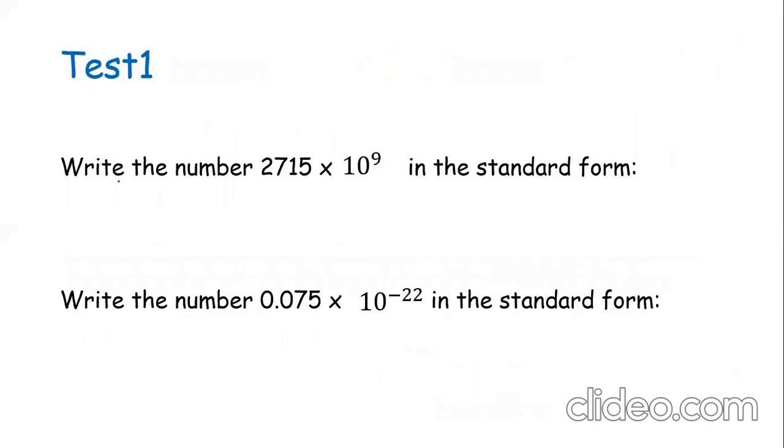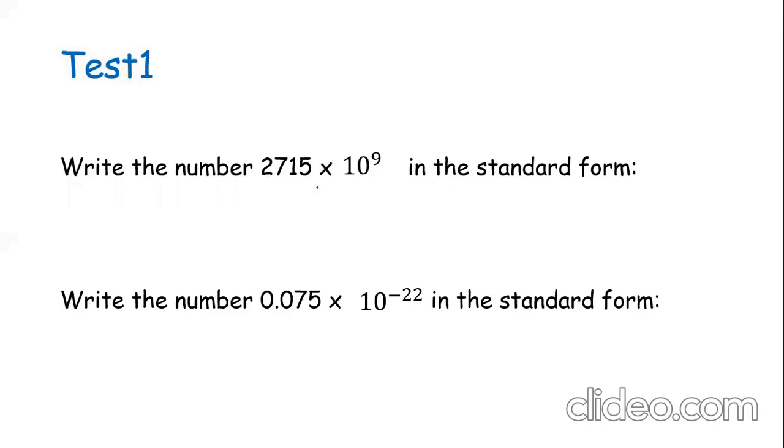Let's take an example. Write the number 2715 multiplied by 10 to the power of 9 in the standard form. So what we do here, we notice that we have to leave 2 on the left of the decimal point.